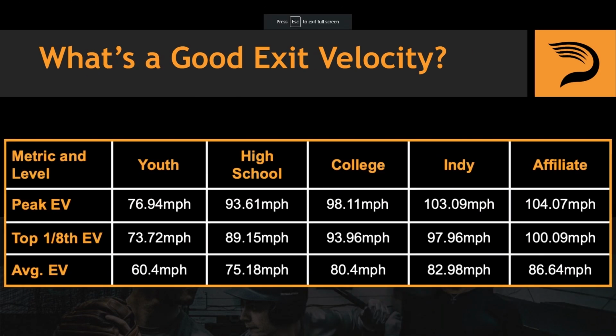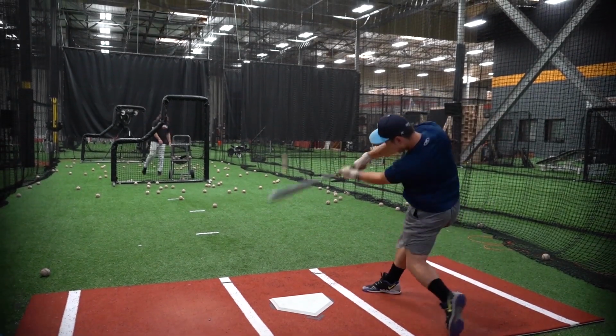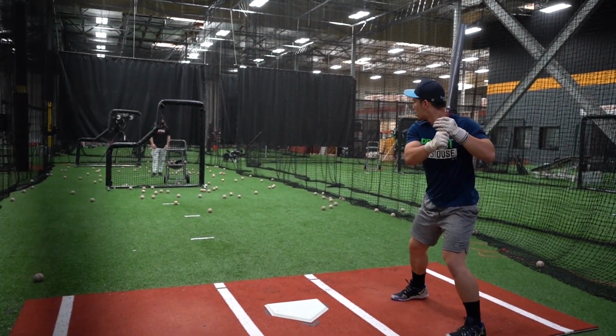Now that we have some exit velocities collected, what exit velocities should we be shooting for? Here we have our exit velocity metrics broken down by skill level or playing level. We have youth, high school, college, independent, and affiliate. And these exit velocities are then further broken down into peak exit velocity, top 8 exit velocity, and average exit velocity.